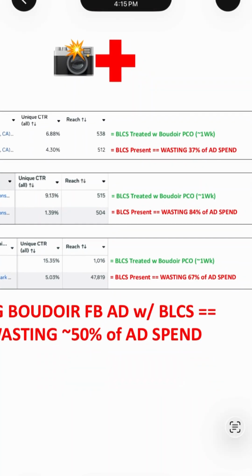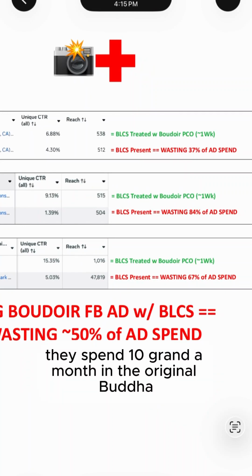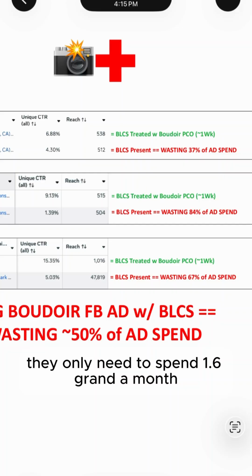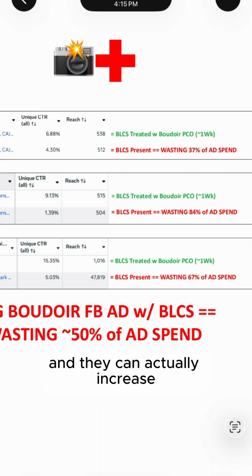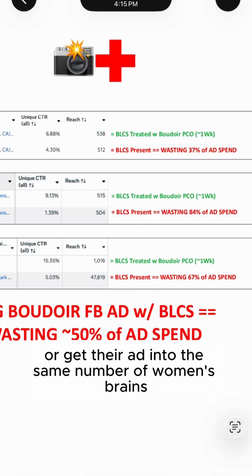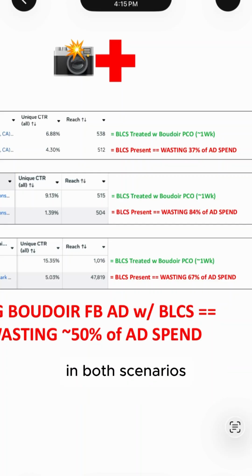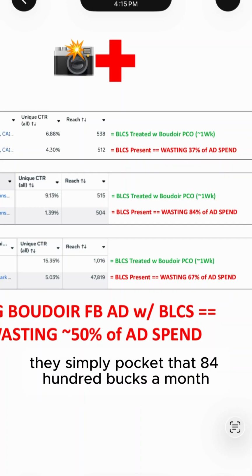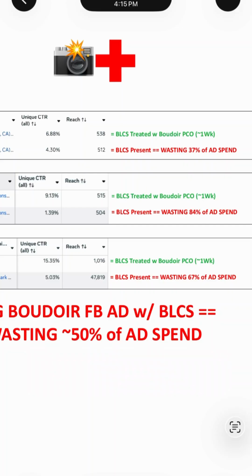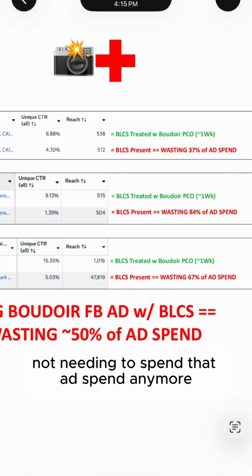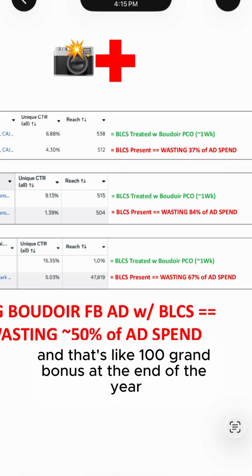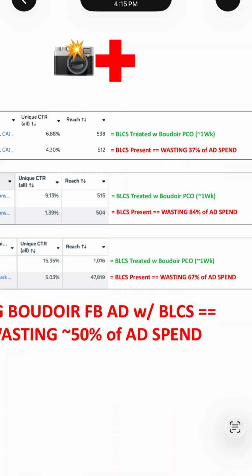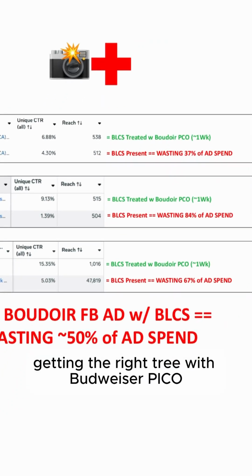As a result, if they spend 10 grand a month on the original boudoir Facebook ad, now they only need to spend 1.6 grand a month on the boudoir Pico treated ad to get their ad into the same number of women's brains in both scenarios. They simply pocket that $8,400 a month, not needing to spend that ad spend anymore, as a phantom bonus back in their pocket, no extra work required. And that's like a 100 grand bonus at the end of the year by simply getting their ad treated with boudoir Pico.